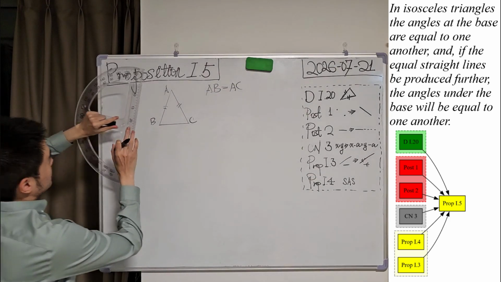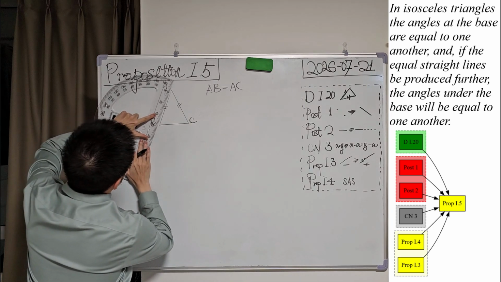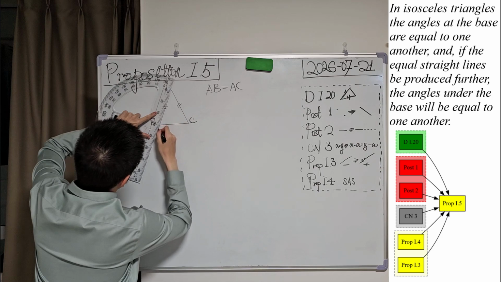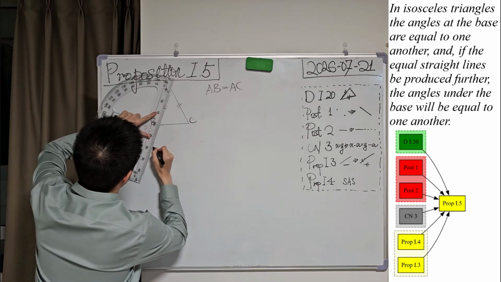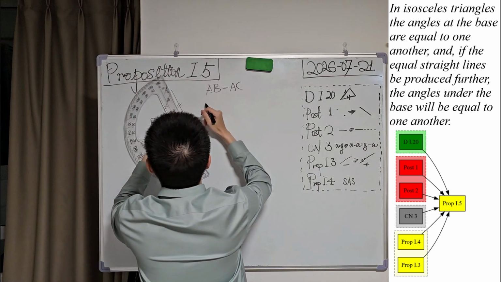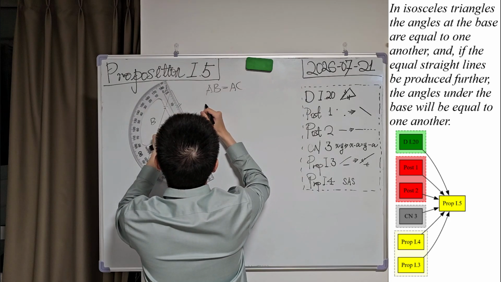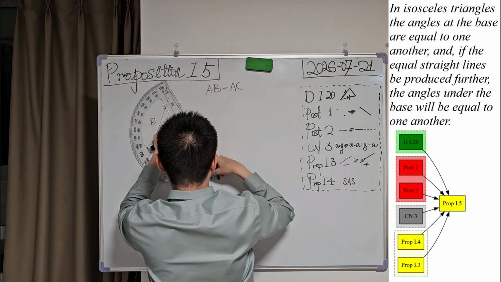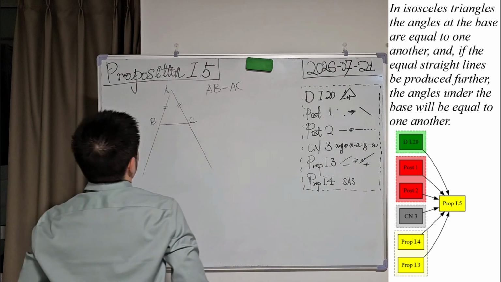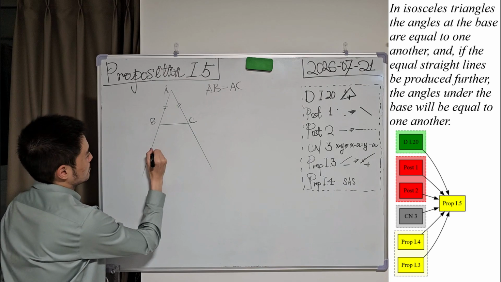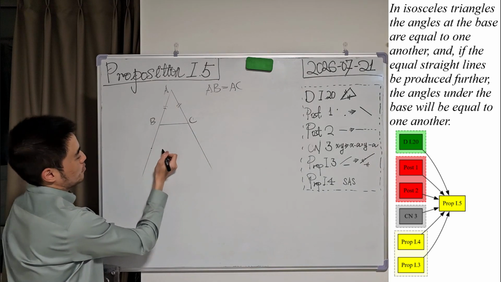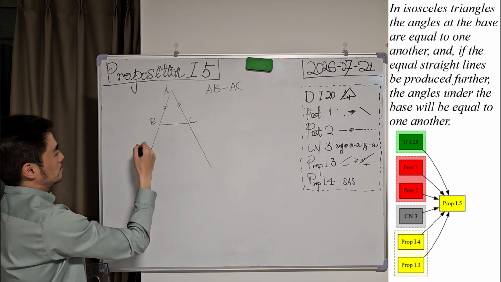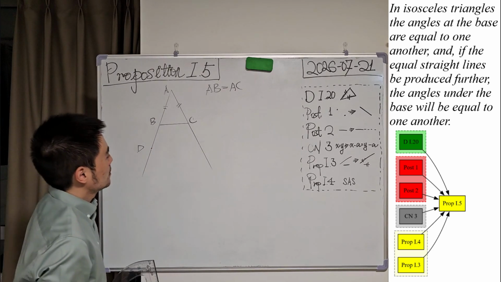So let's just produce them. Great. And let us pick a random point on this produced straight line as D, okay?